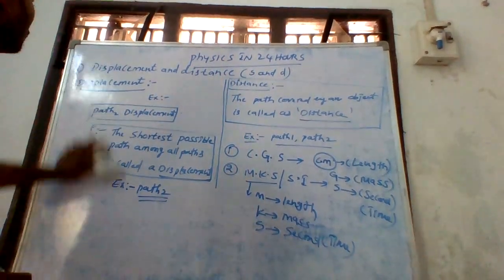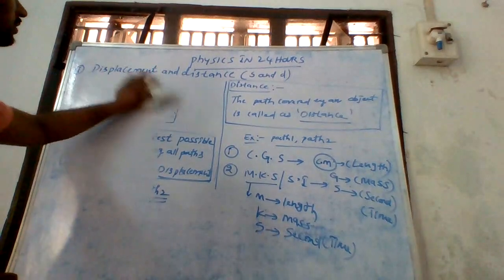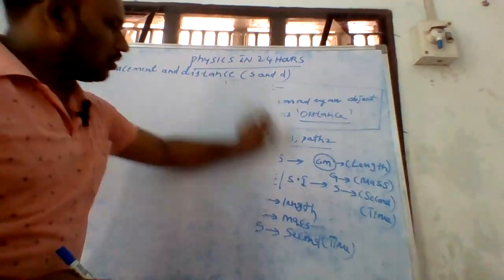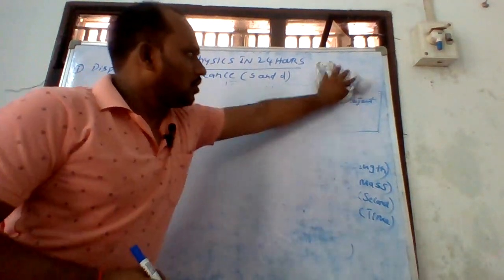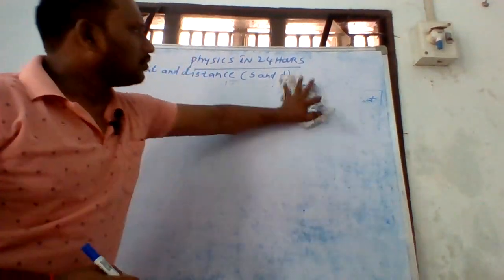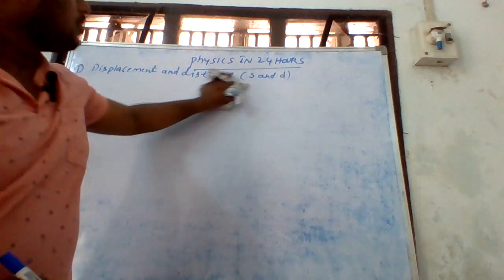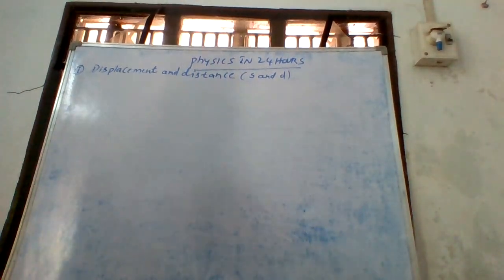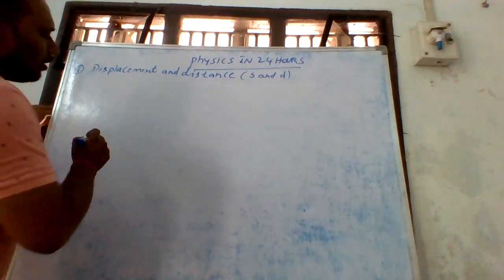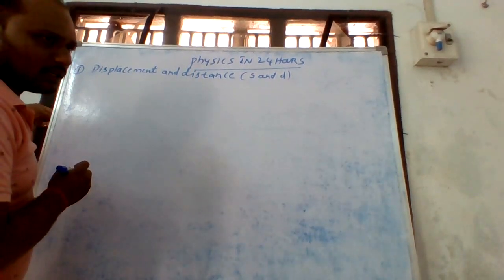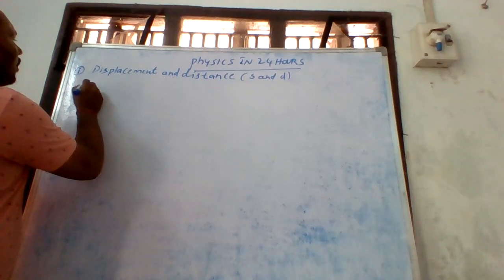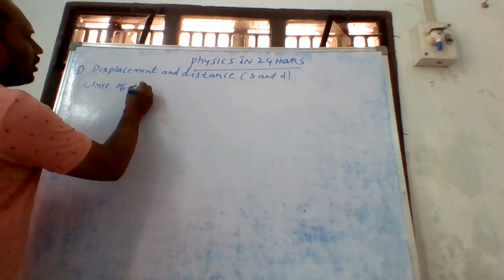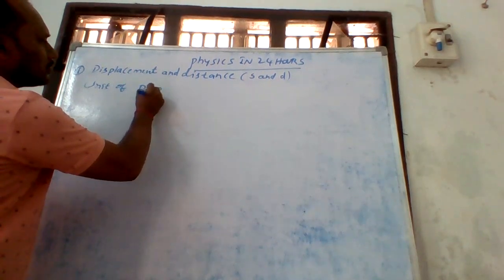So let's see the units of both of them. How do we handle this? I want to calculate the unit of displacement.